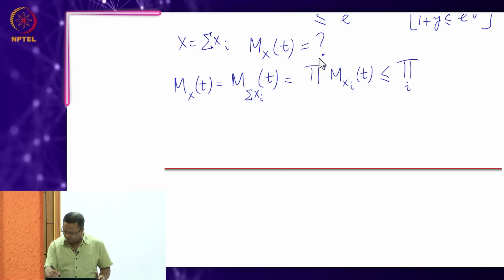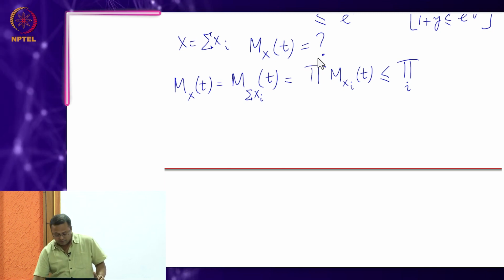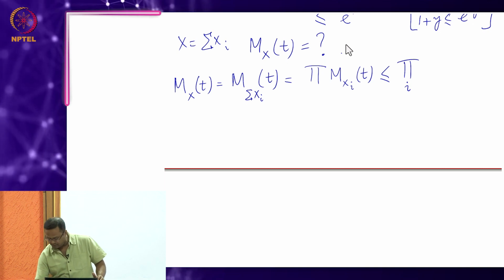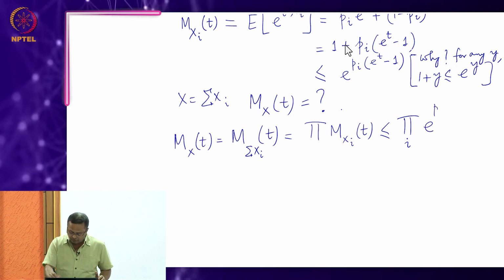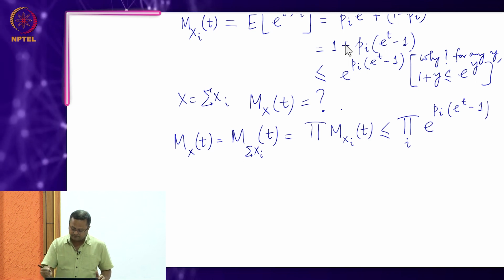So, product of this is e to the power of pi e to the power of t minus 1.